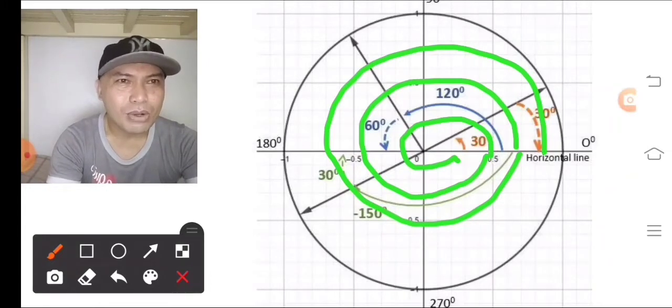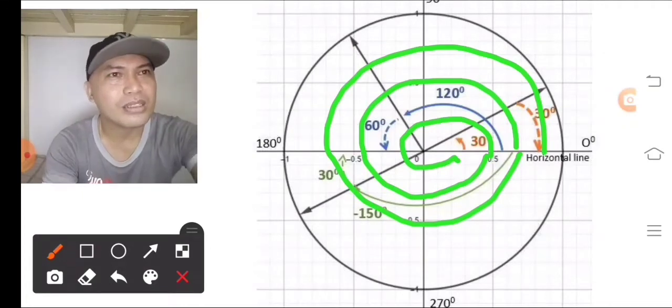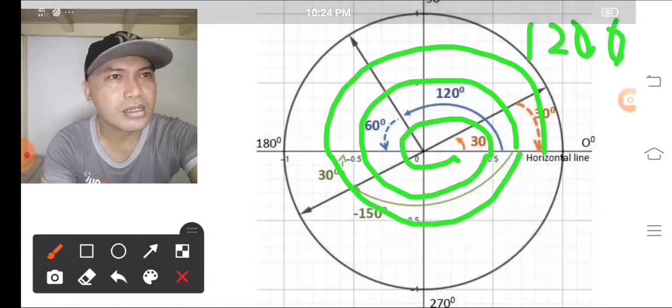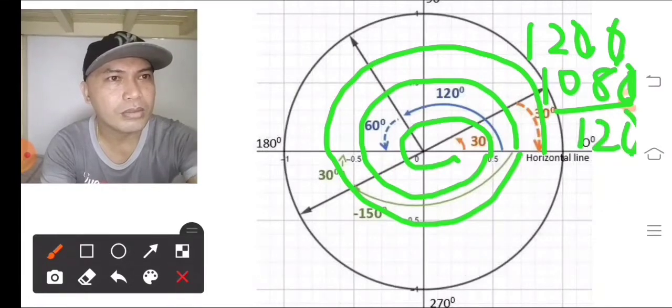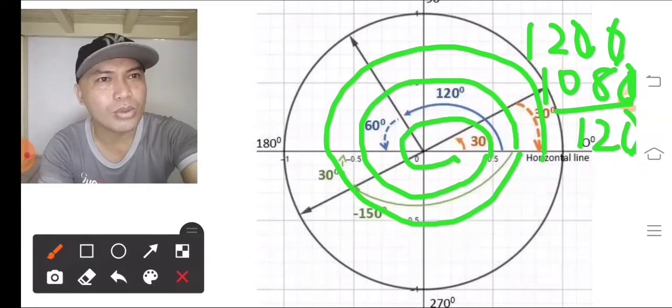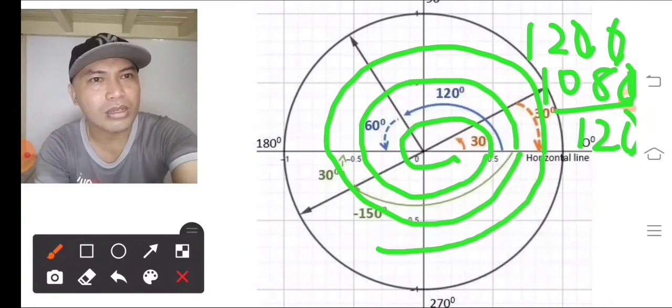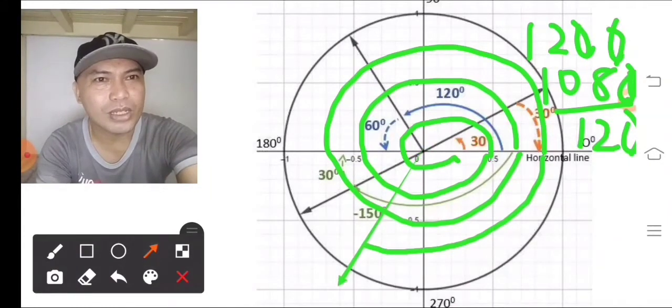But it is more, over 1200 less 1080. So that is around 120. So 120 from here going to 120, it is somewhere else here. So our terminal side is this one.